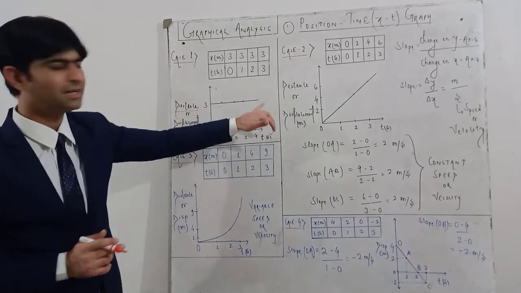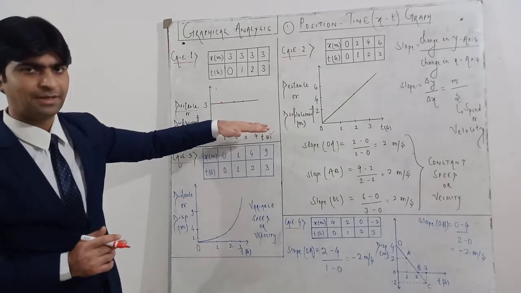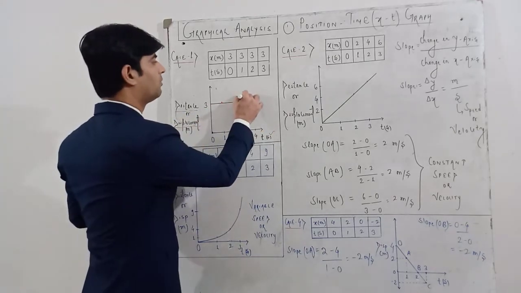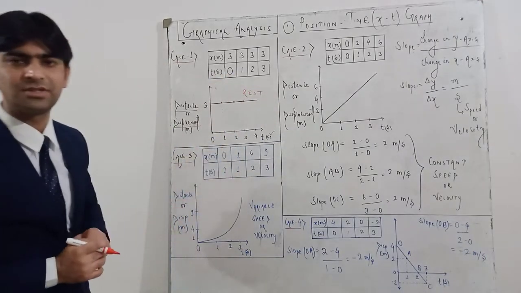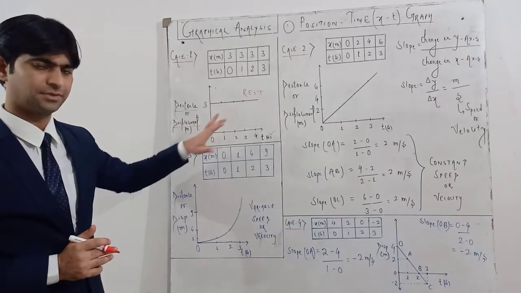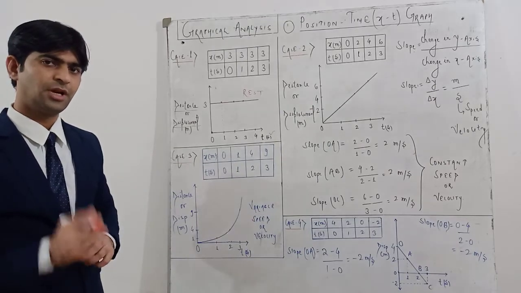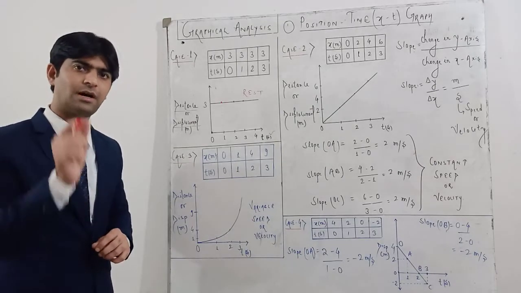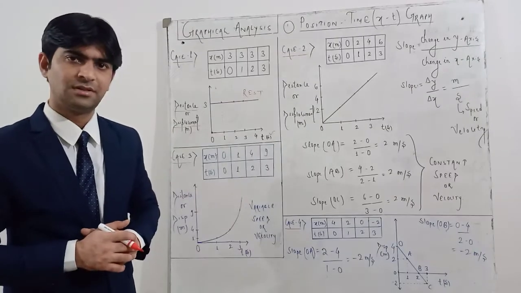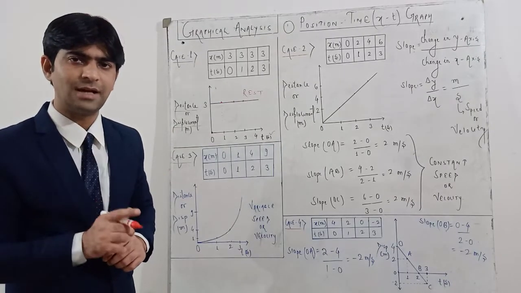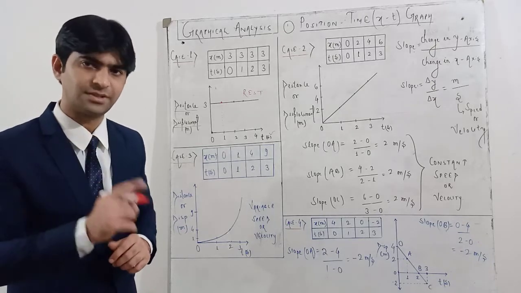If it is a straight line parallel to the time axis, then we may say that the body is at rest. This is the first graph. If you get a distance time graph or a displacement time graph parallel to the time axis, then the body will be termed to be at rest, in a resting position.